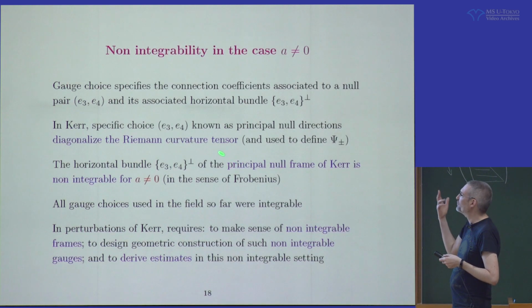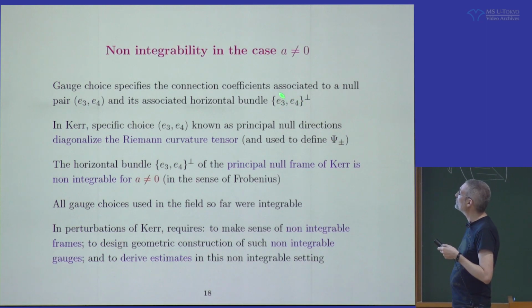There is a specific formula which I'm not going to give, it's not too important here, but this specific choice diagonalizes the Riemann curvature tensor, and it is exactly this choice which is used by Teukolsky to find his special contractions psi plus and psi minus of the Riemann curvature tensor. In fact, psi plus corresponds to the maximal number of contractions with E4, and psi minus the maximum number of contractions with E3.